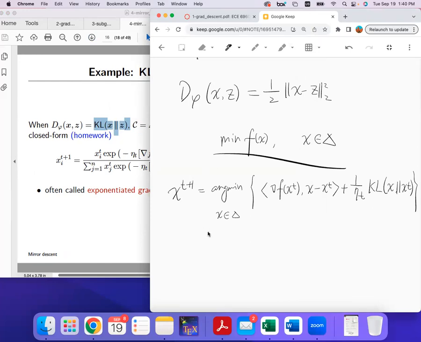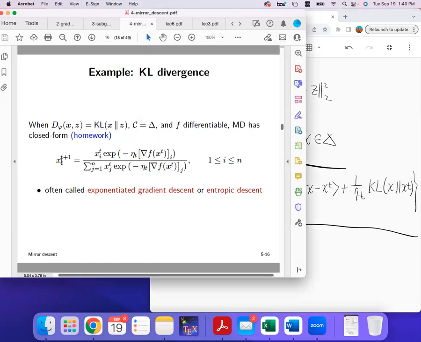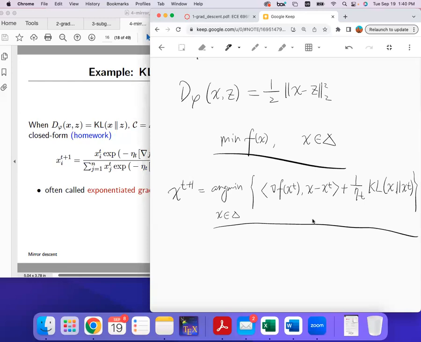It is specified by an optimization problem. You can check this problem has a closed form solution given by this form. This is the i-th coordinate of x_{t+1} that's given by this form. You can check that. You have to solve this problem by yourself.